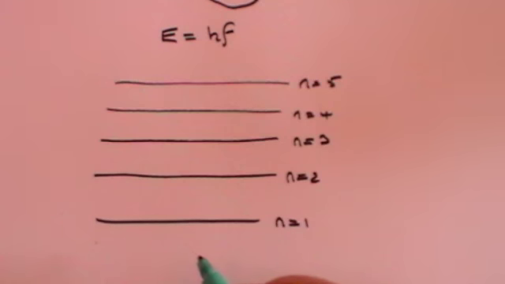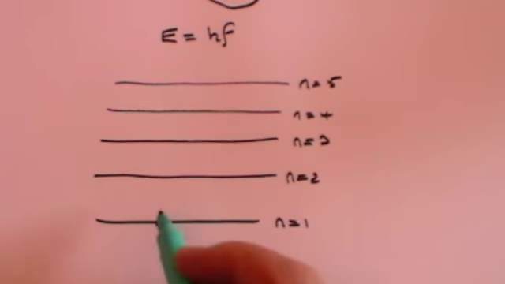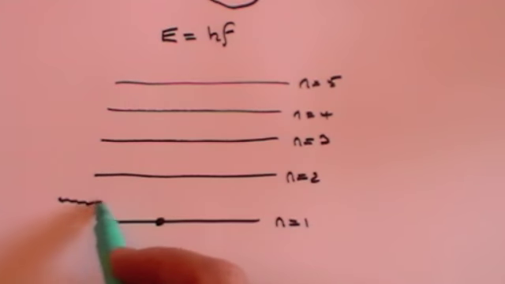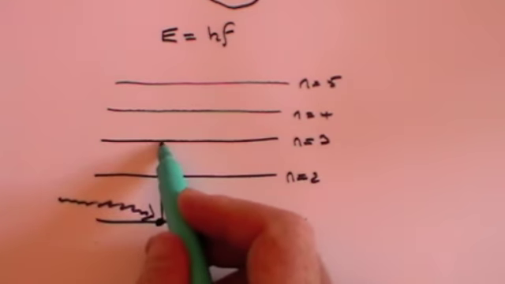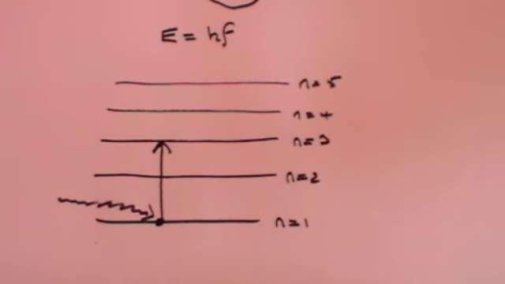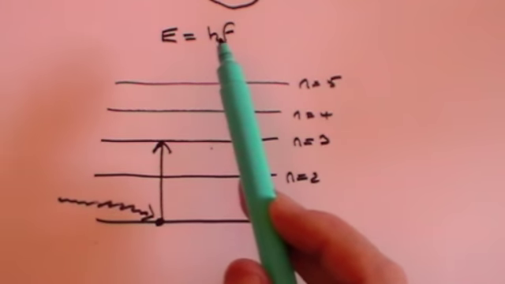And if you have an electron in the lowest energy level, then in order to promote it to one of these other energy levels, the photon that comes in must have precisely the right amount of energy to promote the electron to another energy level. And then, as I've said, it will fall back down again and give off a photon that equates to that energy level using this formula here, E equals hf.